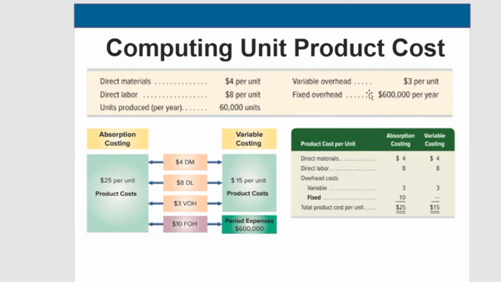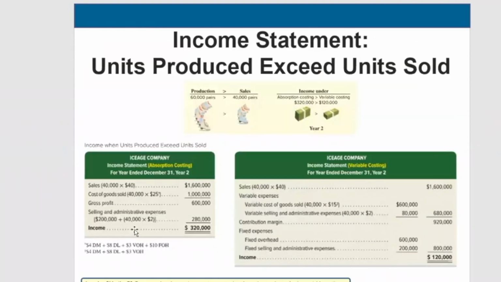See, for the fixed overhead, we're taking the $600,000, dividing it by the number of units produced to get $10, but then only multiplying it back out times the number sold, 40,000. So our fixed overhead is cut way down in this one. Whereas on the variable costing, we're just plopping the whole darn fixed overhead of 600,000 right on here. Yeah. So that's why we took a big hit on this version of the income statement, because the whole 600,000 of overhead is on here.